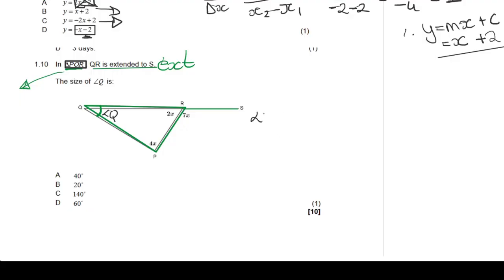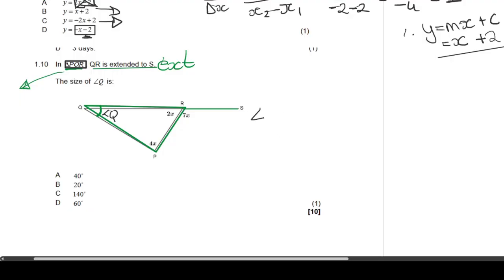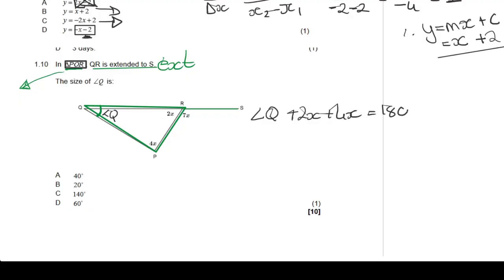So let's do that. That's angle Q plus 2x plus 4x is equal to 180 degrees. So angle Q, let's just simplify this, plus 6x is equal to 180 degrees.